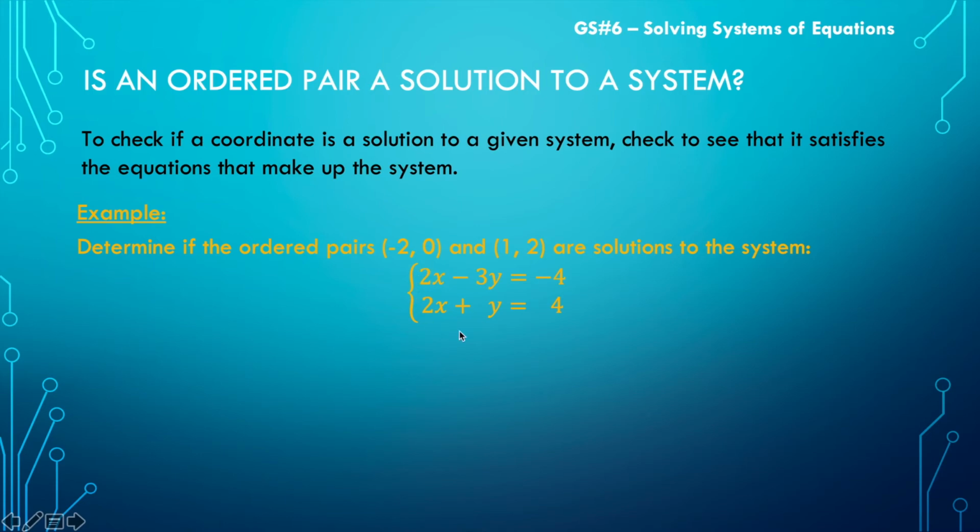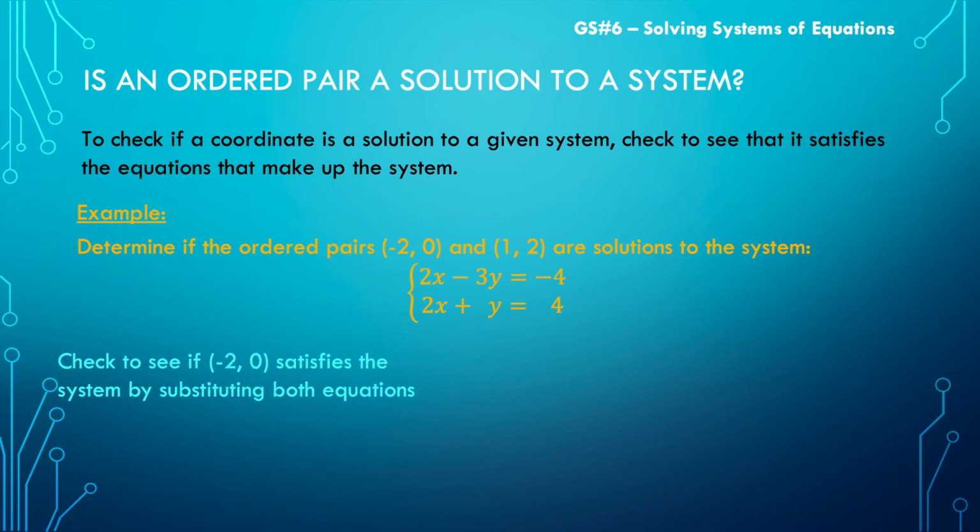It's this set of two equations in two variables, and we want to determine if the ordered pairs (-2, 0) and (1, 2) are solutions to the system. So we want to substitute the first of the ordered pairs into both equations and see that it satisfies both equations. Let's try the first equation.